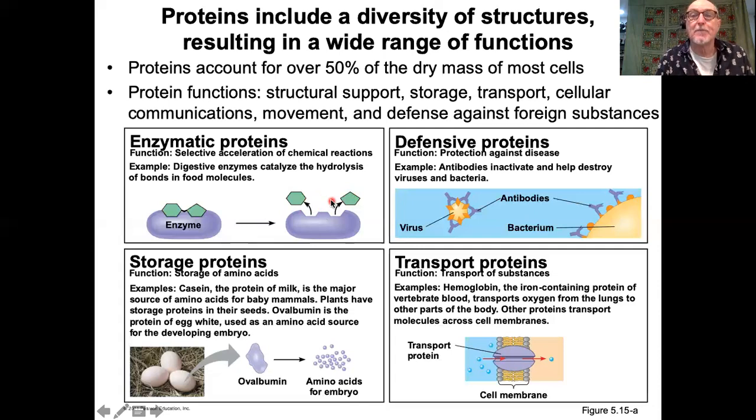So there are some other substances which can act as enzymes, but enzymatic activity in the cell is usually by means of proteins. Second of all, proteins often play a defensive role. The classic example for this, protection against disease, is antibodies, which we hear so much about nowadays, especially as we deal with the COVID-19 crisis. We hear about people developing immunity.